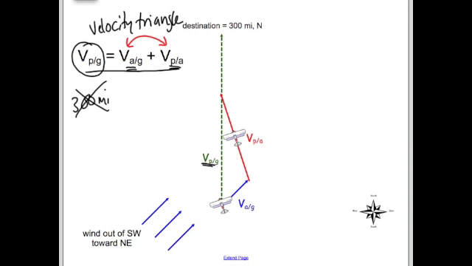So my plane would actually fly along this path relative to the ground 300 miles. And notice it's not aimed due north. If it were aimed due north, the wind right here would blow it off course. But if I'm aimed a little bit into the wind, like this one is, the wind will blow me on course, and my plane will fly like this, due north, aimed a little bit to the west.